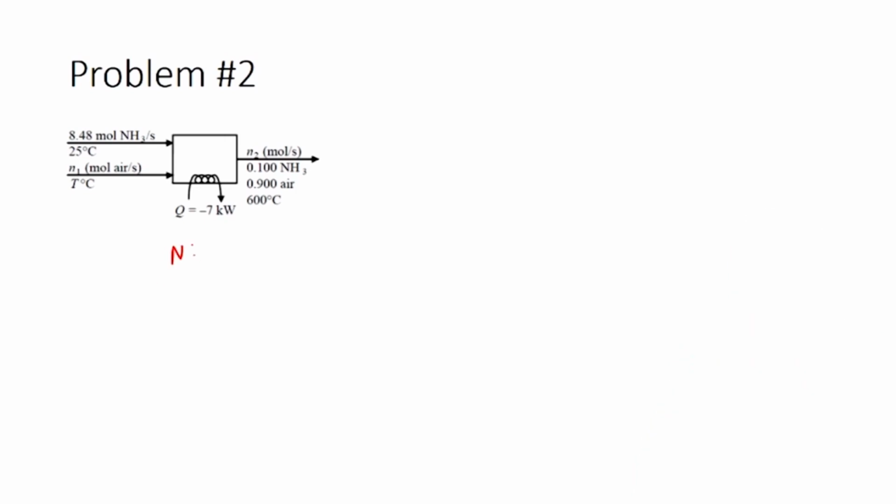So, the material balance calculation would be: ammonia which is coming in at 8.48 accounts for 0.1 times N2. So, from here we can calculate N2 as 84.8 moles per second. Now that we have N2, we can write an air balance or a total balance and get N1.